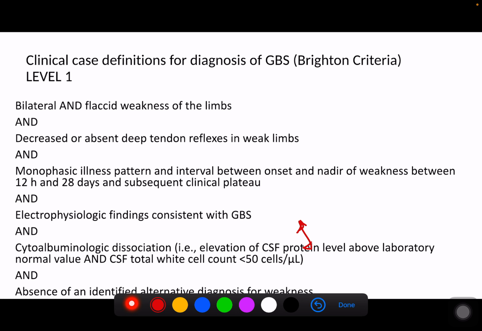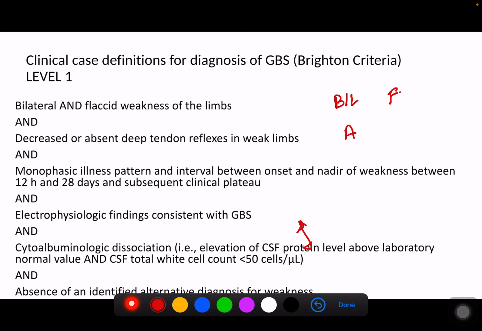The Brighton criteria state that there is bilateral and flaccid weakness of the limbs, and decreased or absent deep tendon reflexes.